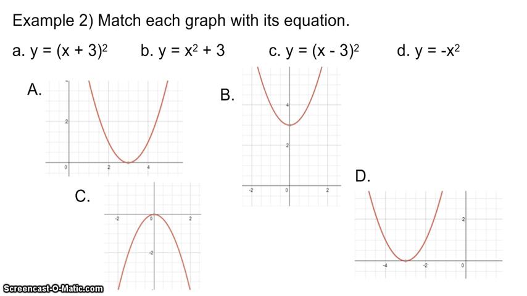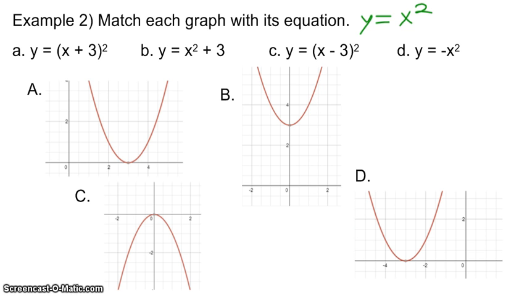Now we would like to match each graph with its equation. Looking at part A and thinking of our original graph that we compare it to, y equals x squared, what happens to x plus 3 inside? We are moving left and right when we are inside the parentheses.